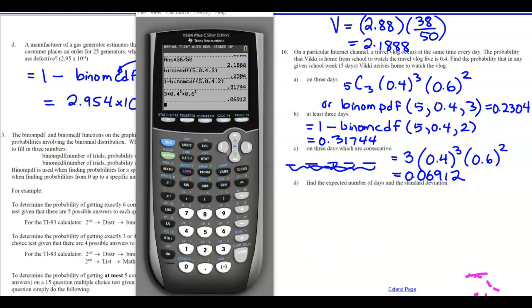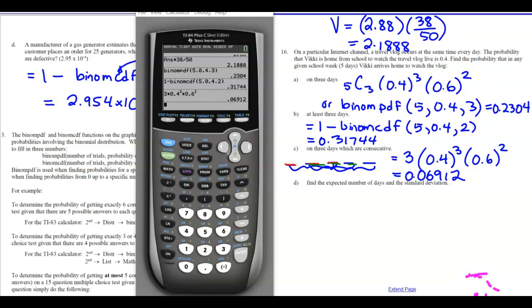So that could mean that it's this day and this day. That's one probability. It could mean it's this one, right? It doesn't say which 3 consecutive days. Because the first 3 days would be different, but here it's less than that.